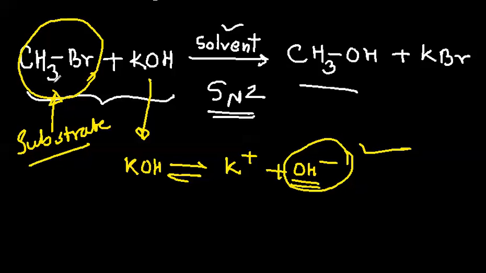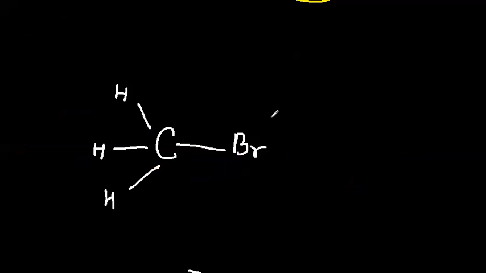This one is the substrate, and we'll see what happens in this reaction, which is simply a one-step reaction. So SN2 is a one-step reaction. You'll have to remember this. The structure of methyl bromide is something like this, and here the C-Br bond is a polar bond because Br is a highly electronegative element.